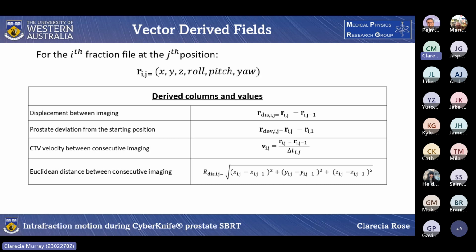We also needed to look at the deviation from the initial delivery position, the first image verified delivery position. Velocity between each consecutive image was also calculated, and I will cover why this was acquired in future slides. We also used the Euclidean distance to calculate speed and standardized motion for all imaging intervals for looking at clinical factors.